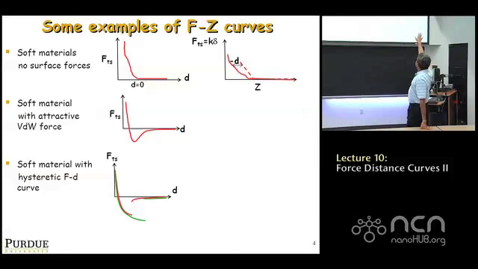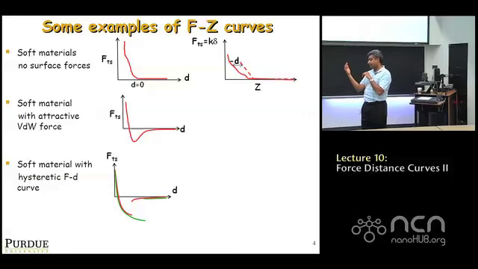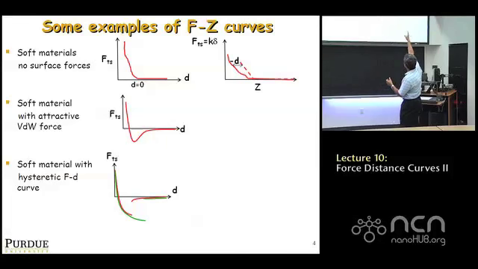But if it's compliant, what ends up happening is that for the same height, i.e. for the same force level, you find that your Z motion has actually indented the sample by an amount shown there, D. Okay, so in other words, you can sort of judge how compliant the sample is by looking at the deviation of the FZ curve from what you would expect in the ideally stiff case.